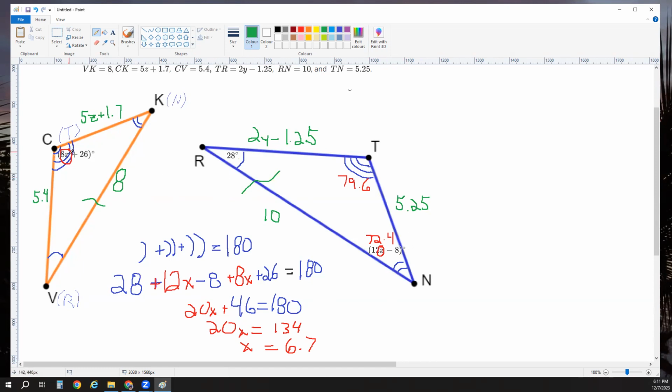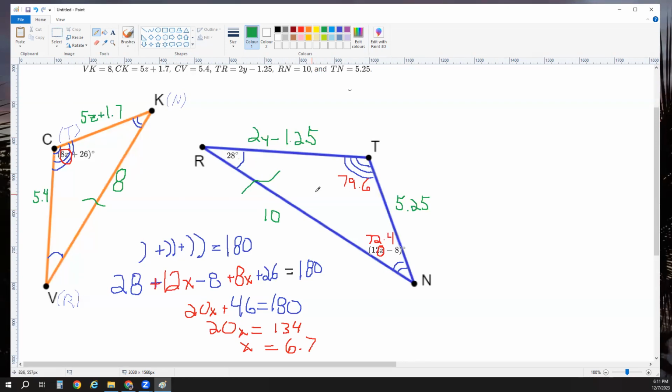T and V, or T and R, those have a variable in them, so we can't use that one. What about T and N? T and N also has a variable in it, so we can't use that one.